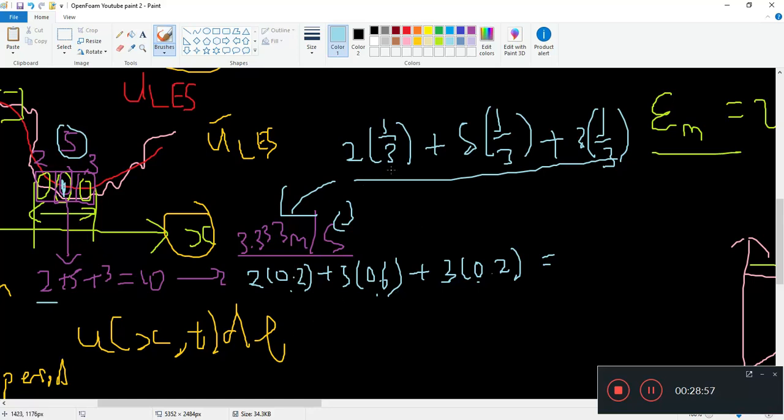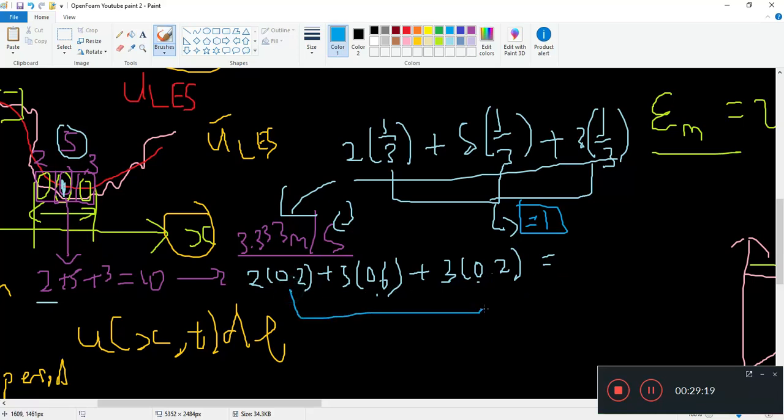I just have to make sure all of these weight factors sum up to 1. That's all I need to consider when I add a weighting factor. So I have 0.2, 0.6, and 0.2 here. All this should sum up to 1. So 2 times 0.2 is 0.4.